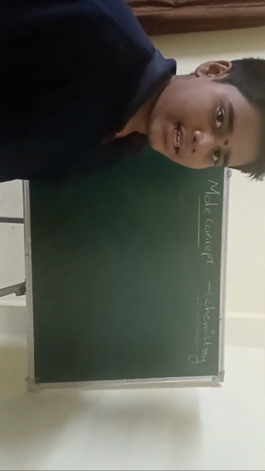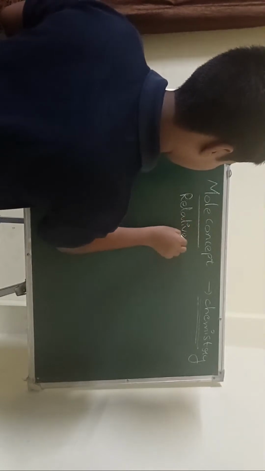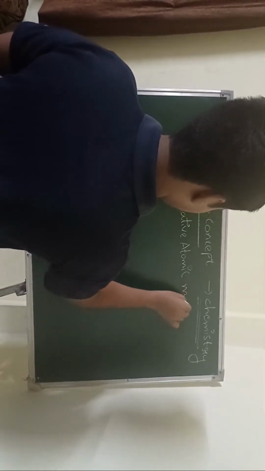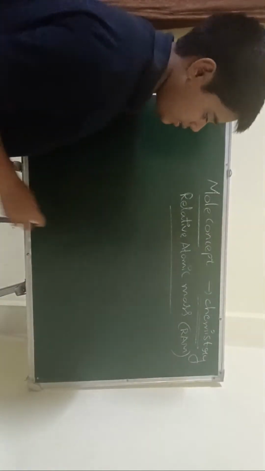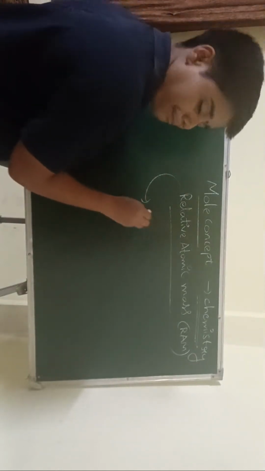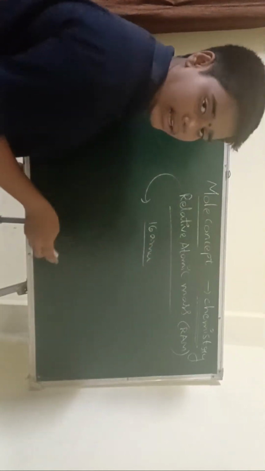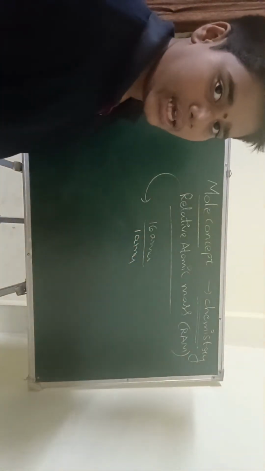Atomic weight is also known as relative atomic mass, RAM. It is called relative atomic mass because we are comparing any atomic mass with 1 AMU, meaning 1/12 part of a carbon atom.